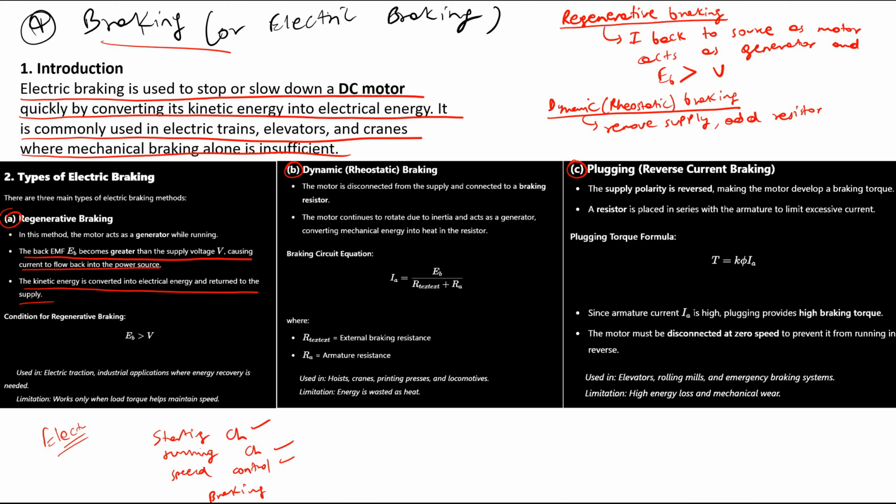EB decreases as speed decreases, hence IA also decreases. This is the external resistance.